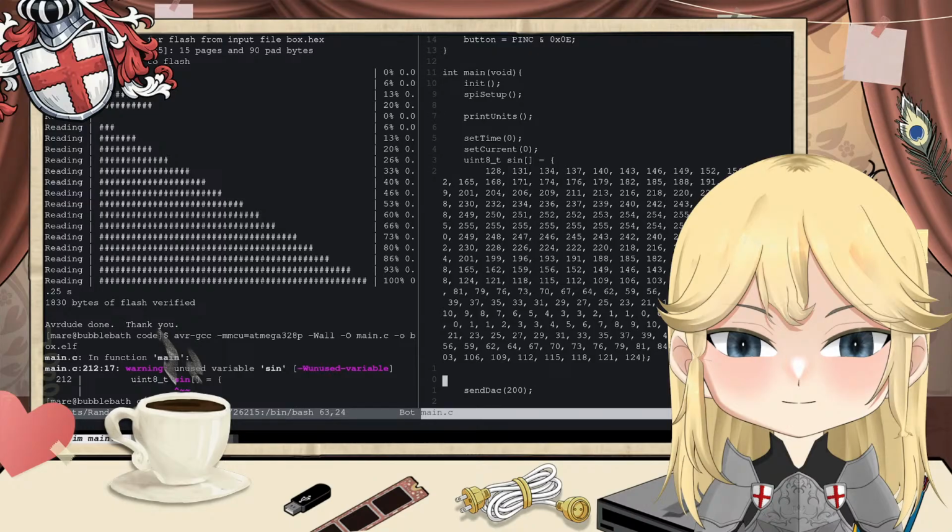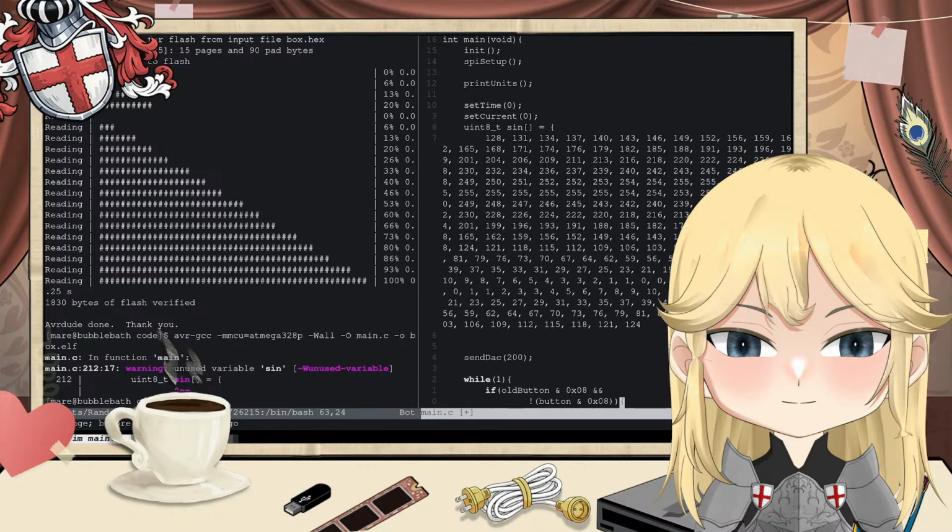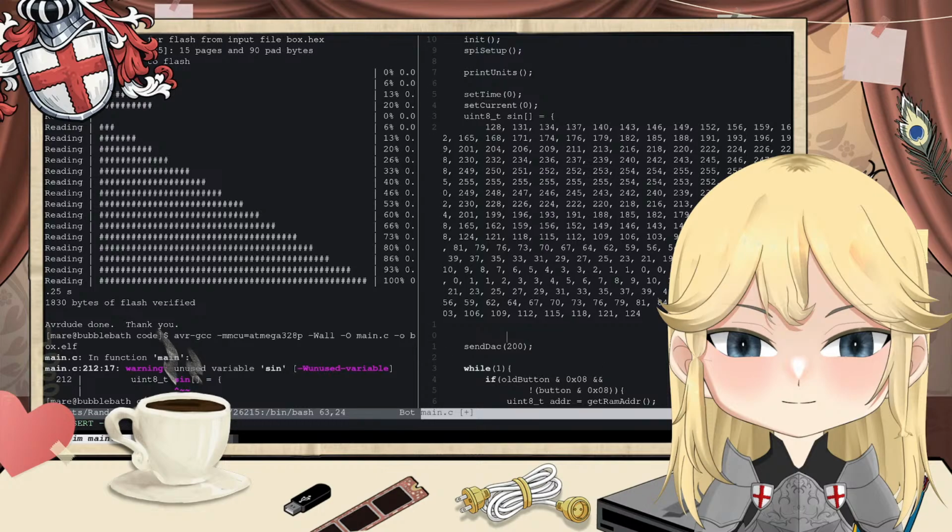Then we will do, what will we do? We will do while one, actually we will do uint8_t. Is this the pointer size?